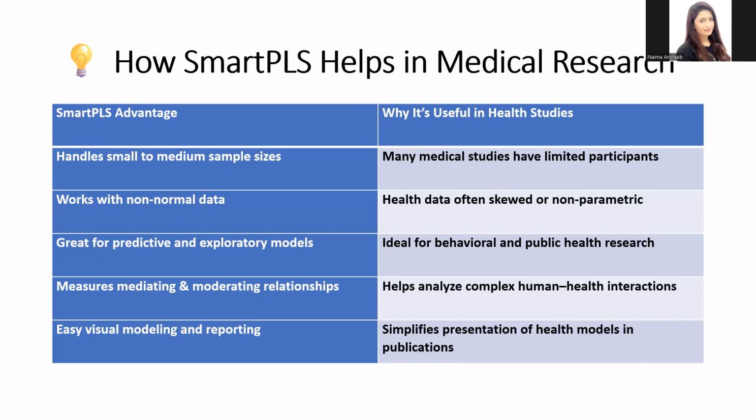Smart PLS and SPSS can be combined for your analysis and for better presentation. Also, Smart PLS model creation is very easy, very presentable, very professional, and the model gives you the chance to interpret it very effectively and easily.